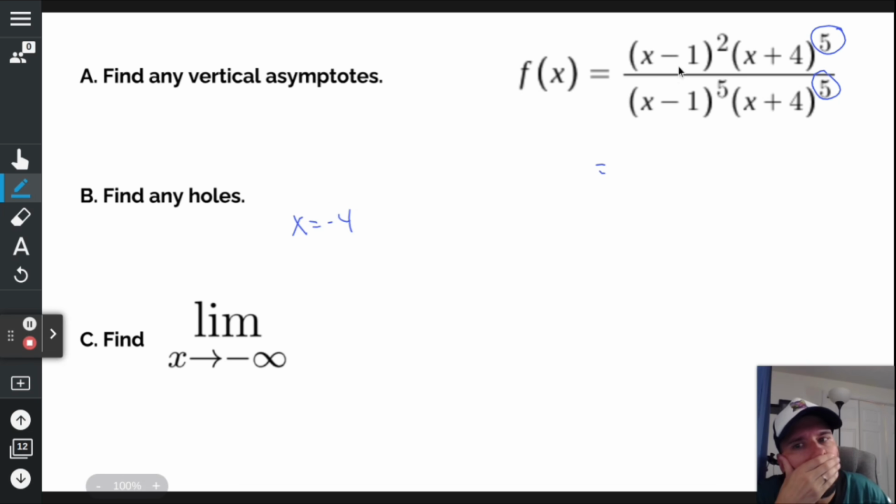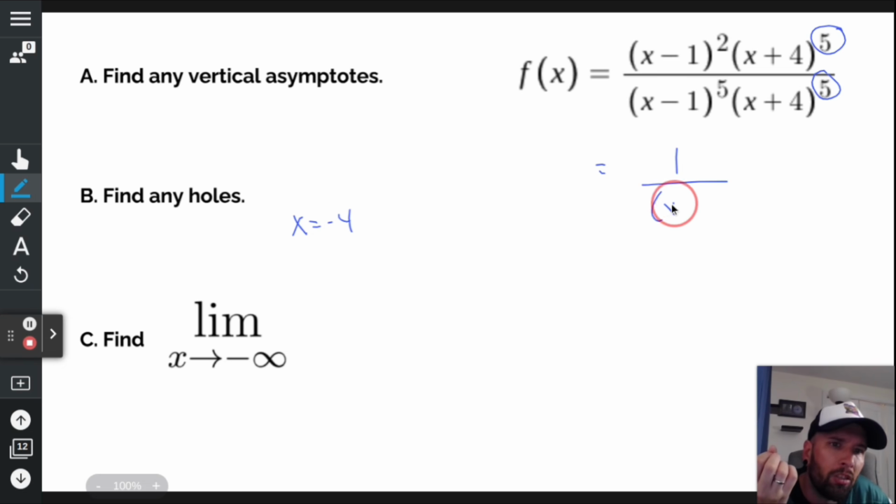Now, here's the thing. It's not going to exist at 1, because since I have more x minus 1s in the denominator than I have in the numerator, it's going to take on the behavior of 1 over (x minus 1) to the third. So it's going to take on that behavior, not giving me any holes there.